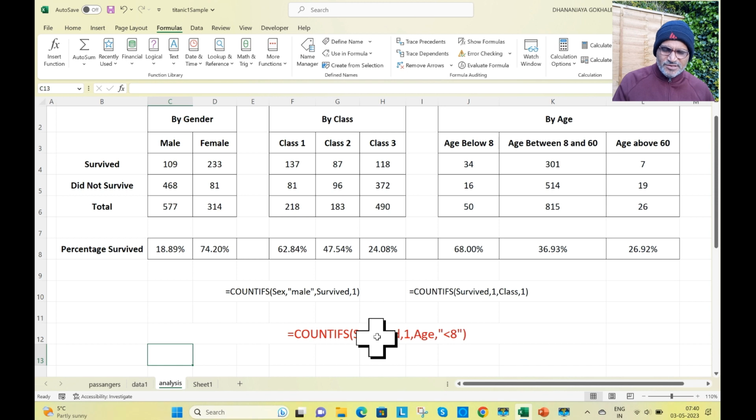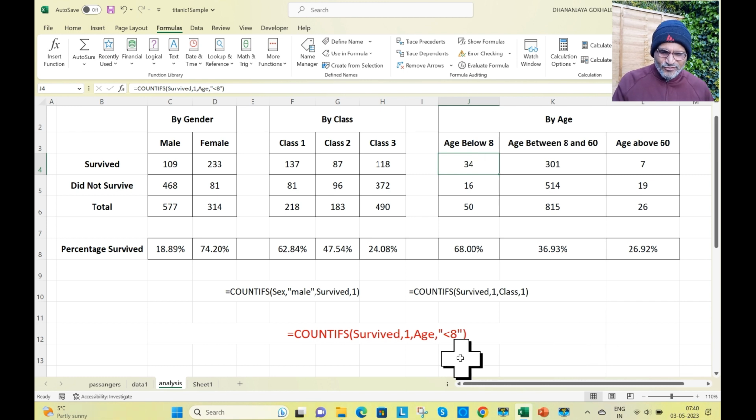That means the first criteria range is the survived column and its criteria is 1, right? And the second criteria range is age, and the criteria is marked, please notice, in double quotes, less than 8. That way we will be able to see how many survived whose age was below 8. So like this we have got 34, right?